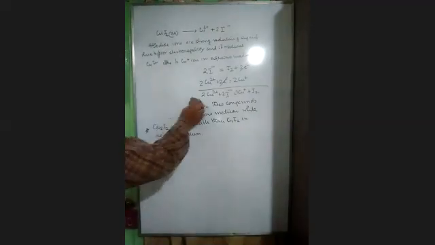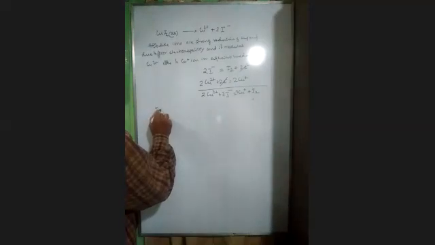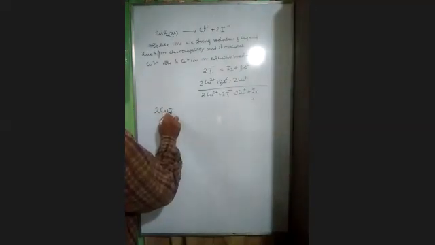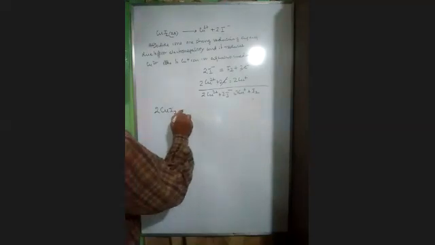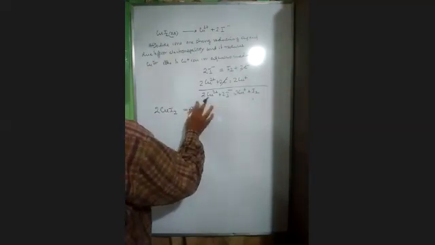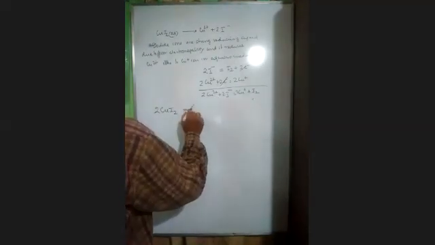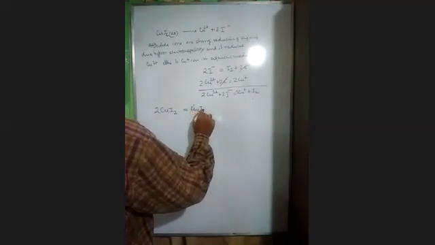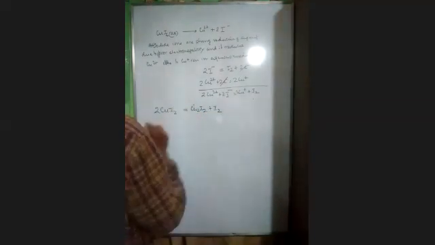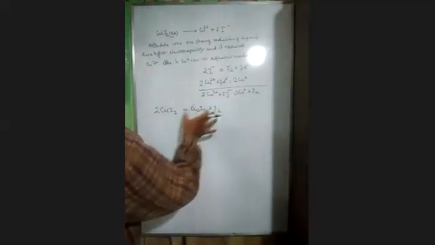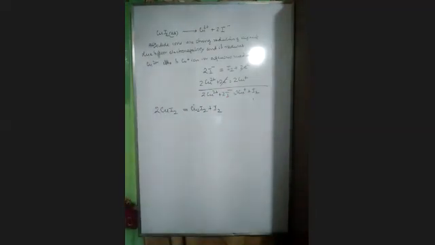So this is the ion-electron method of the reaction. If I write its complete reaction, 2 cupric iodide will give you Cu2I2 plus I2. This is the chemistry behind it, and this is the equation. This is important for the exam.